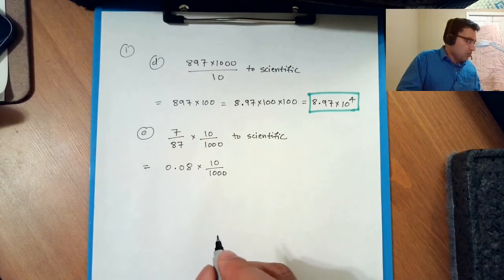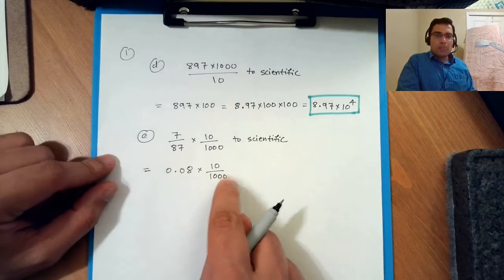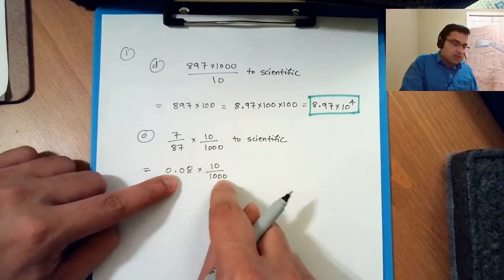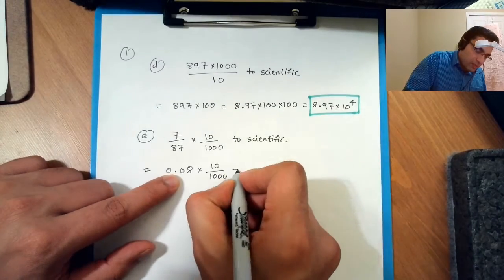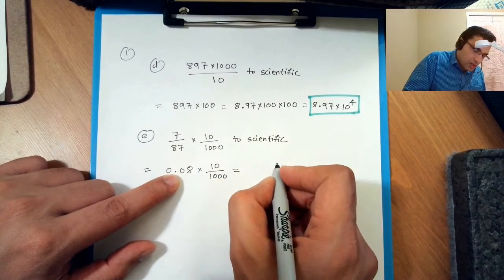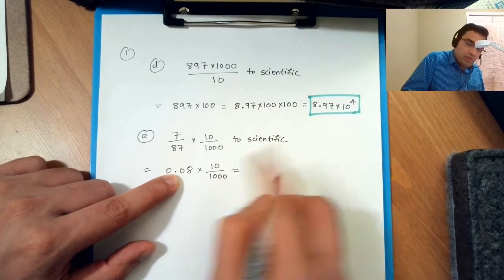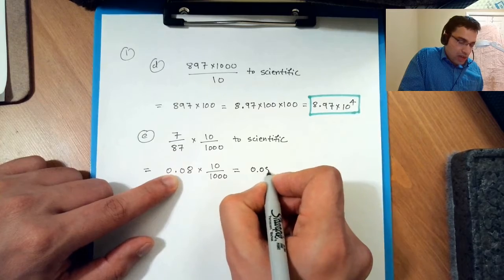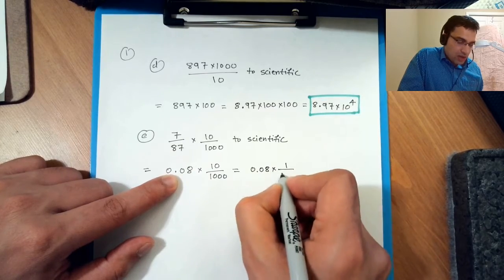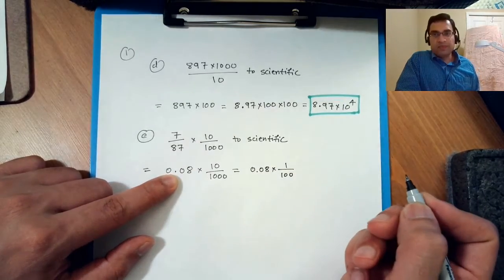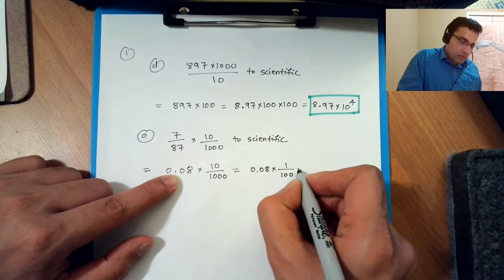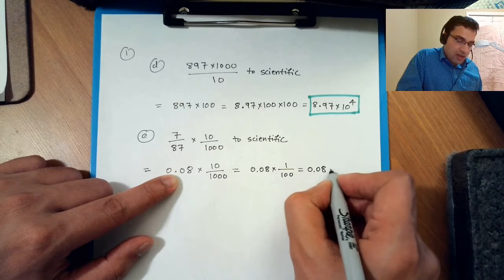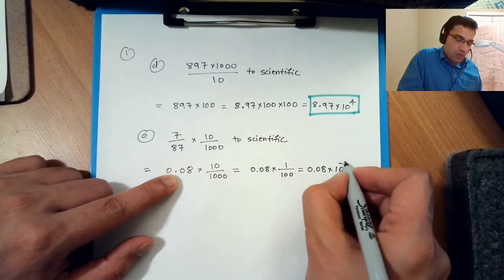So how will you accommodate this? This becomes essentially dividing by 100. So it's 0.08 times 1 divided by 100, right? Which is 0.08 times 10 to the power negative 2.